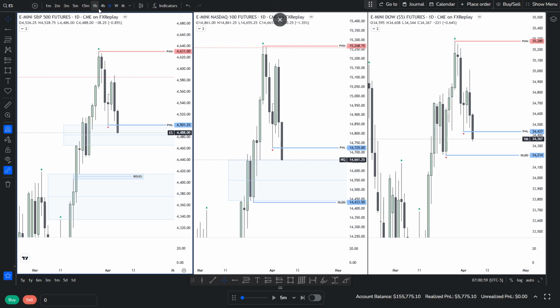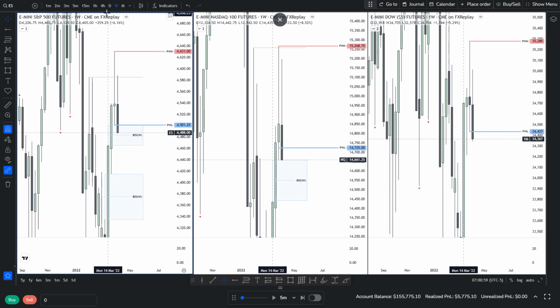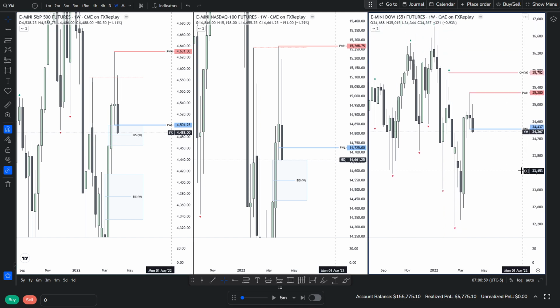So if we go out to the weekly, we can quite clearly see that we purged the external range liquidity pool, only taps it. Still think that we're likely to go back up there, and now we're trading into an internal range liquidity pool.